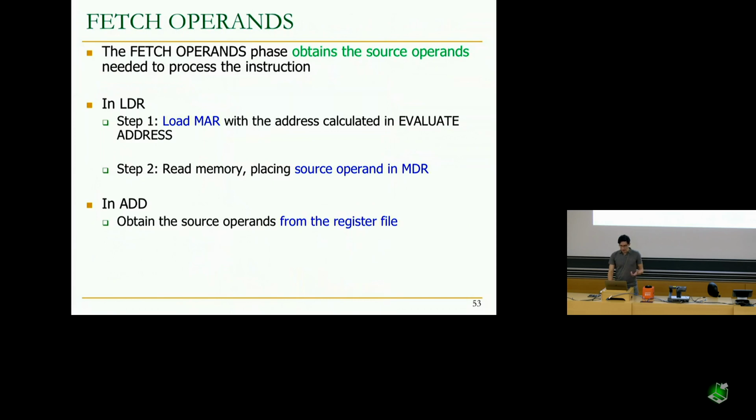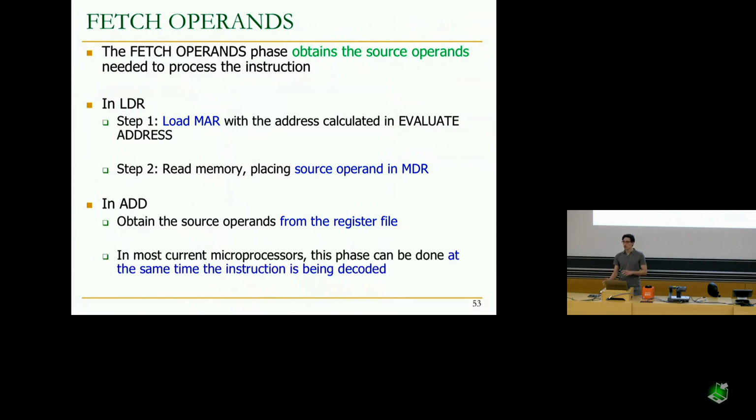In the case of the addition, what we do in this fetch operand phase is access the operands from the register file. Depending on the architecture, we can do this fetch operands phase for addition simultaneously with other phases.